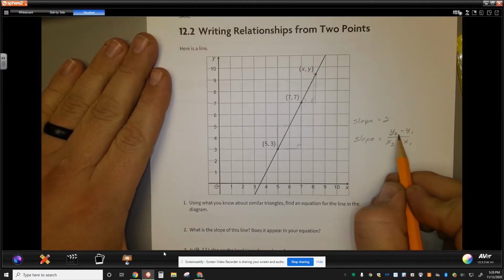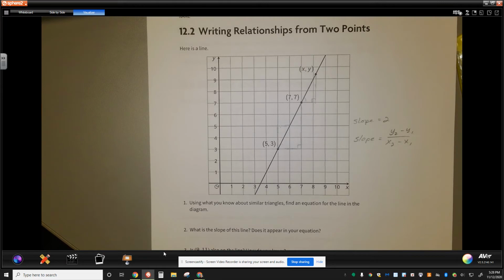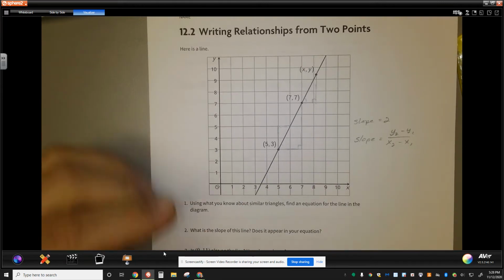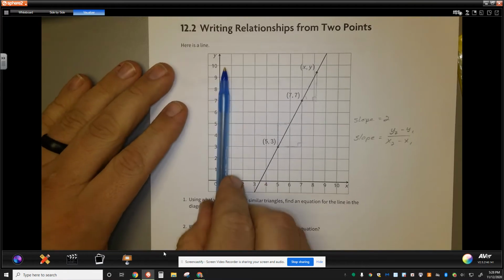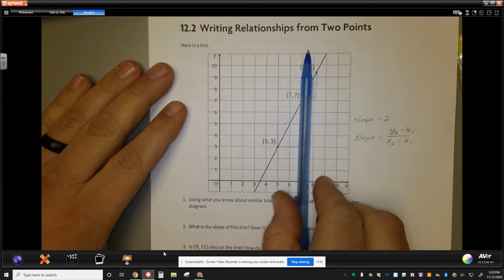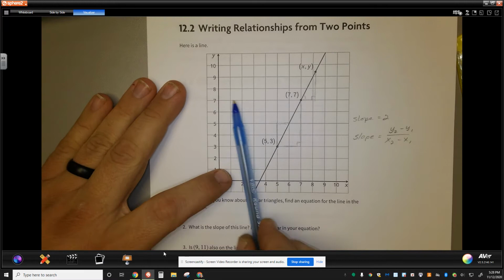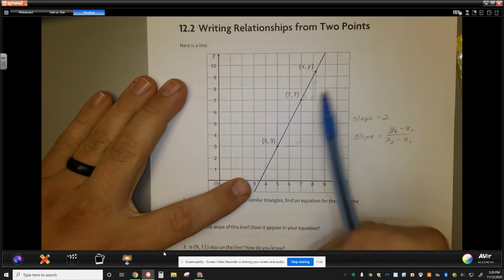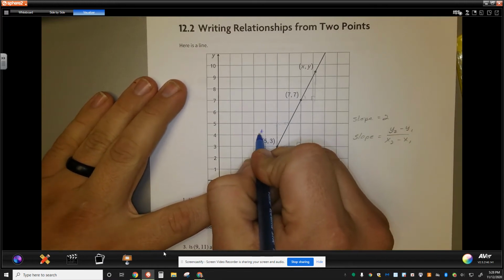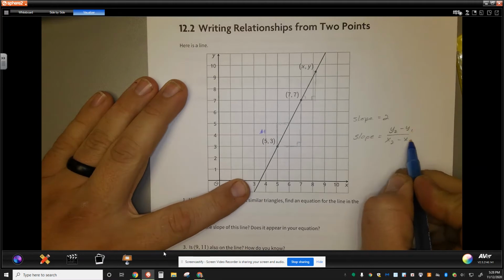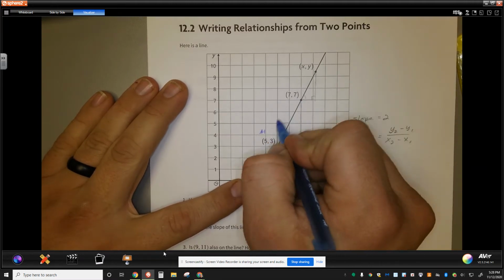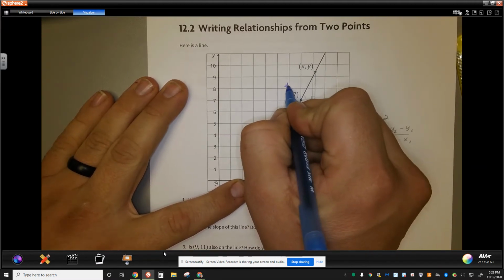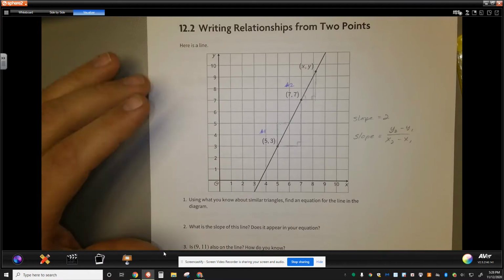Remember that the 1 and the 2 are strictly numbers for classification that come as an order. As we follow this line right here from left to right, as we read the graph, we see that the line increases from left to right. And so as we follow along, 5, 3 is the first ordered pair that we come from. So this is the ordered pair that has x sub 1 and y sub 1. And then this is the second ordered pair we come to with x sub 2 and y sub 2.